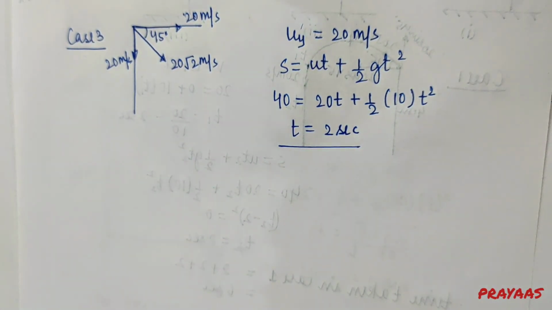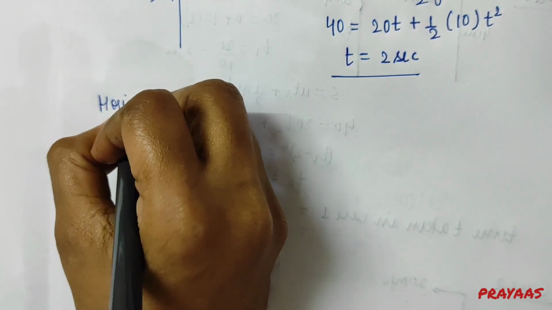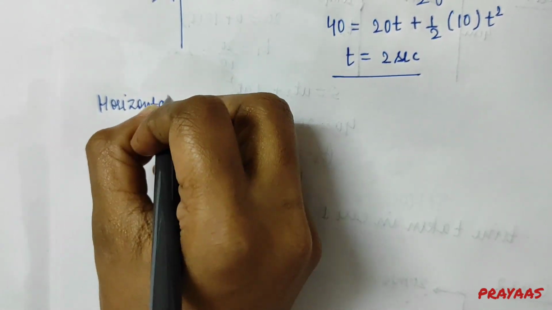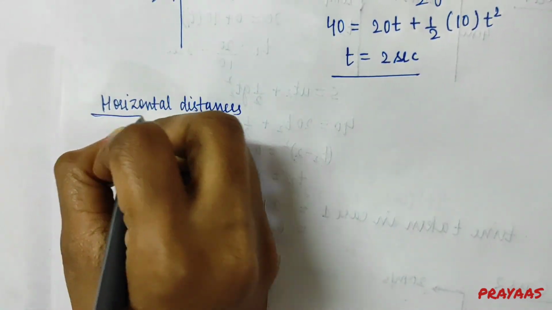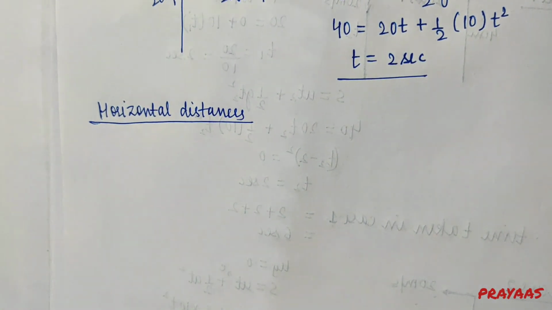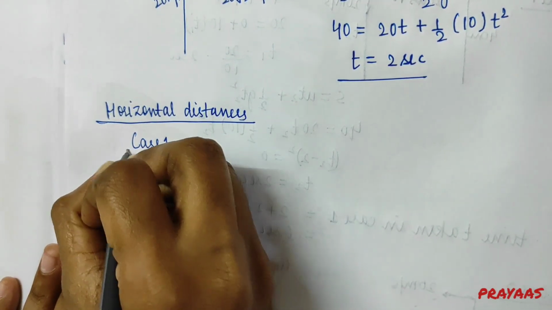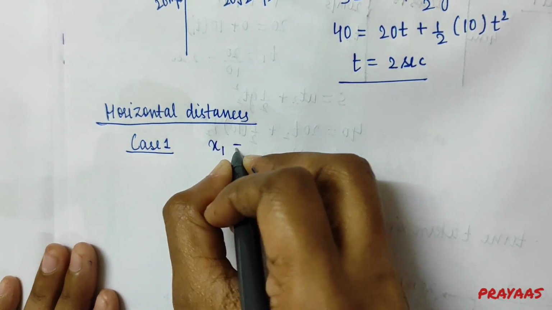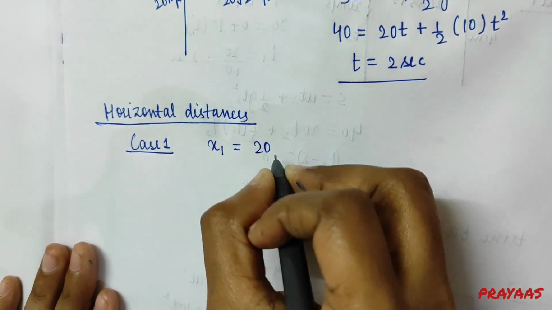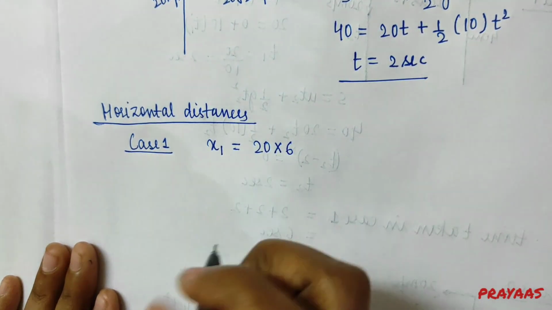In case number 3. Now finding the horizontal distances in each case, that is in case 1, case 2 and case 3. For case 1 it will simply be speed into time, that is x equals speed, 20 meters per second in horizontal direction, and time taken is 6 seconds, which I have calculated.